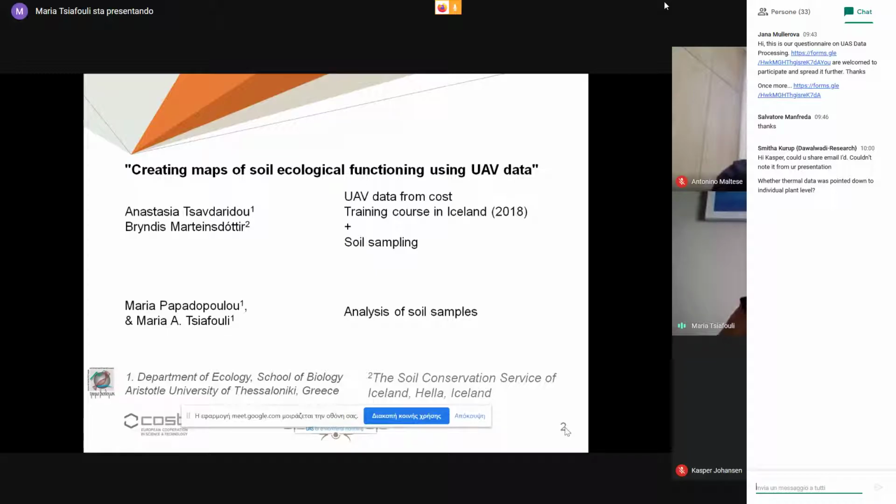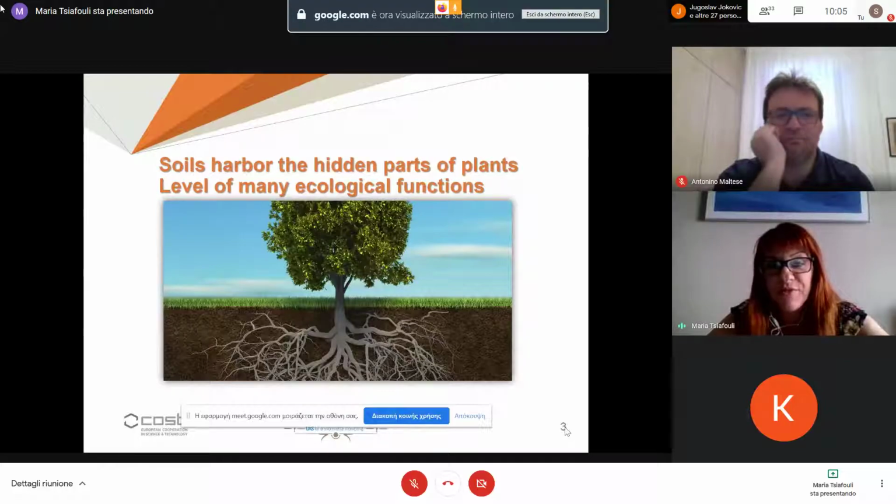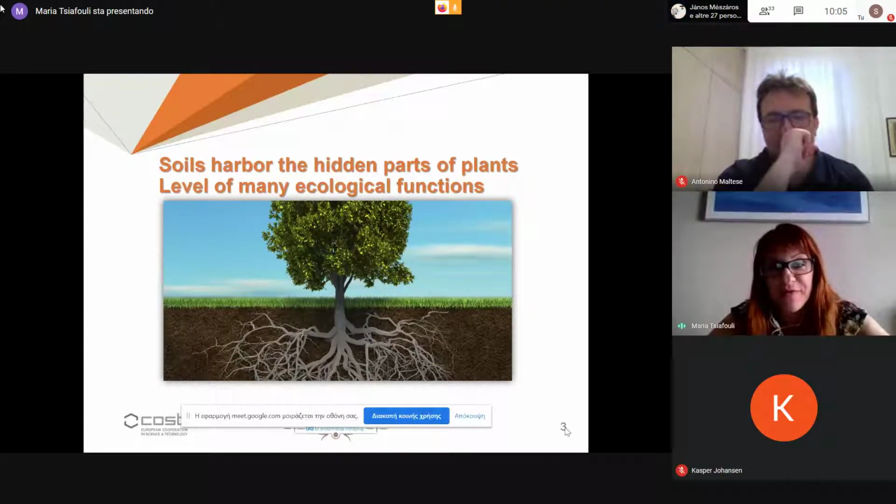So what was our idea behind this? The idea was that with the UAV, you have the above ground part of the vegetation, but you have a hidden part of the vegetation within the soil. And there are many ecological functions taking place.